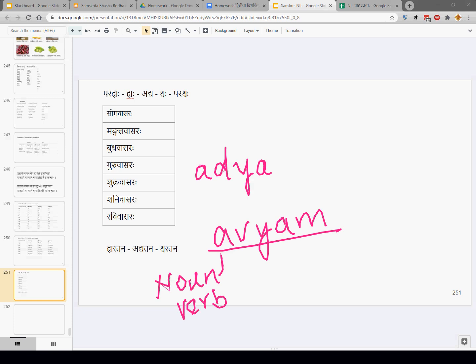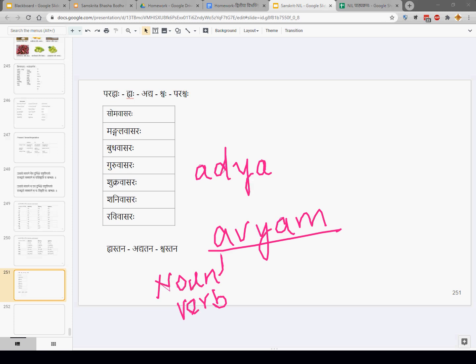So we have come across a few avyayam words, like kutra, tatra, sarvatra, anyatra, and even when we say katham, as in bhavan kathamasti.